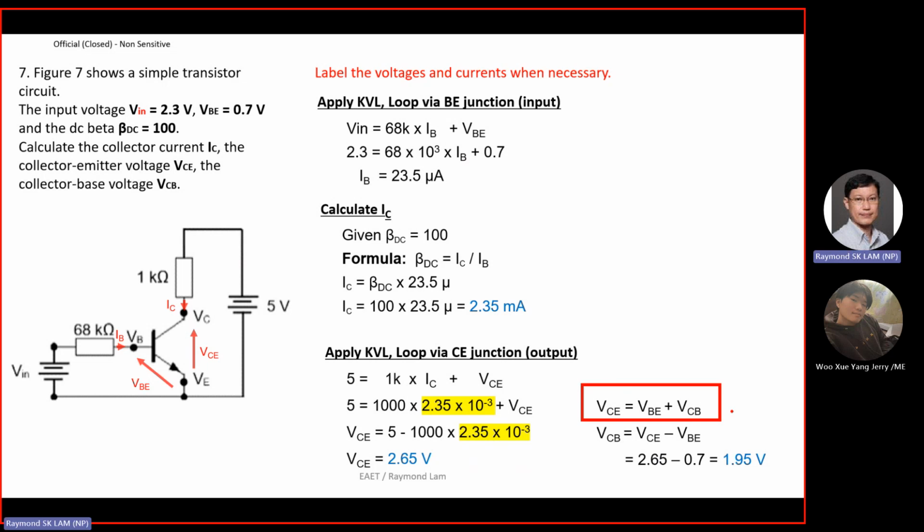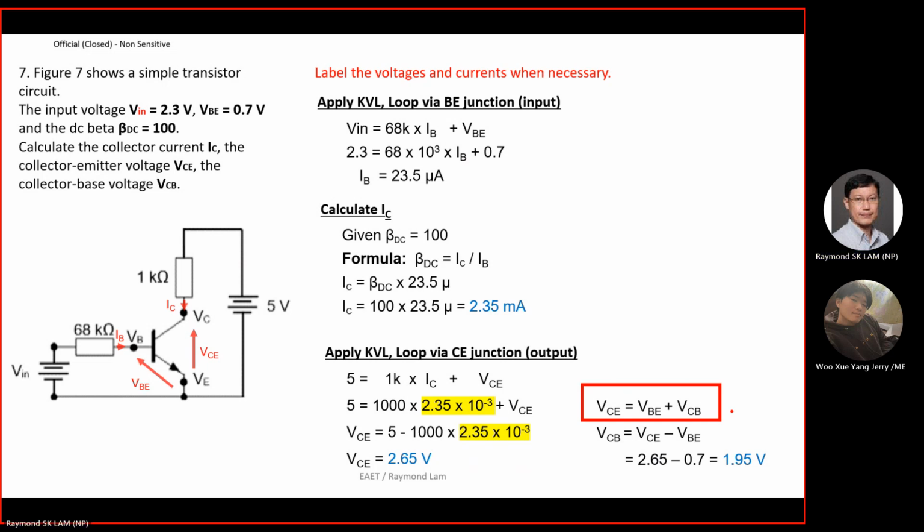This formula, either you memorize it or you can apply KVL to derive it. So this portion here, this circuit, I just focus on this portion. From this portion, you can determine the VB.